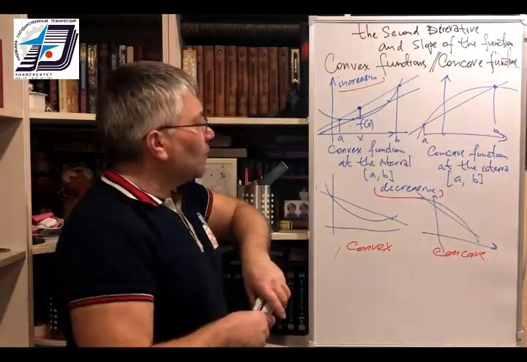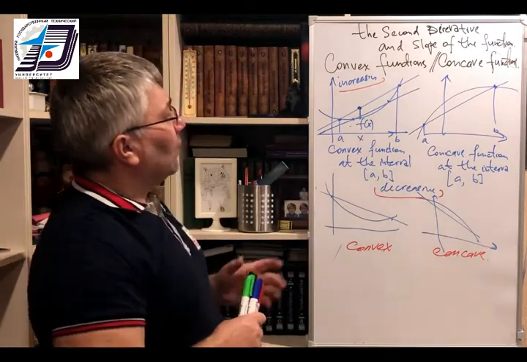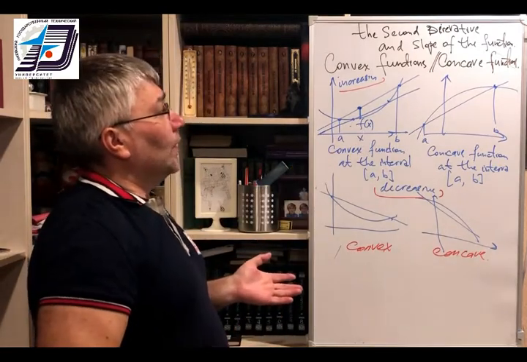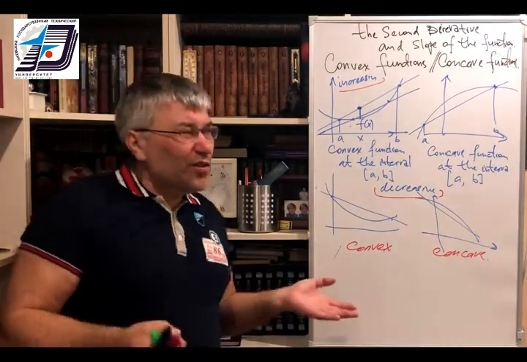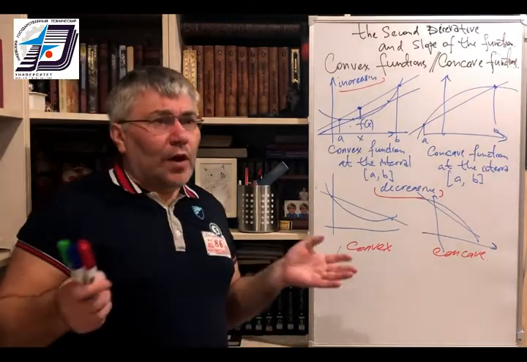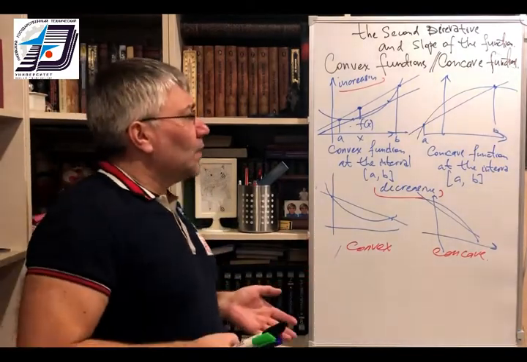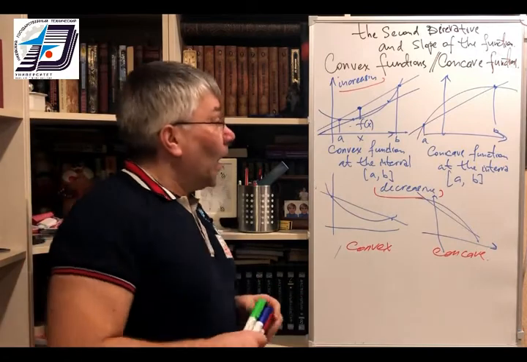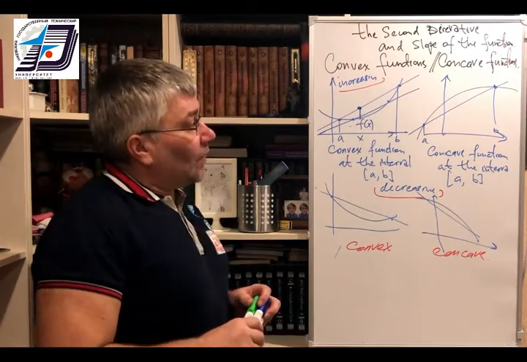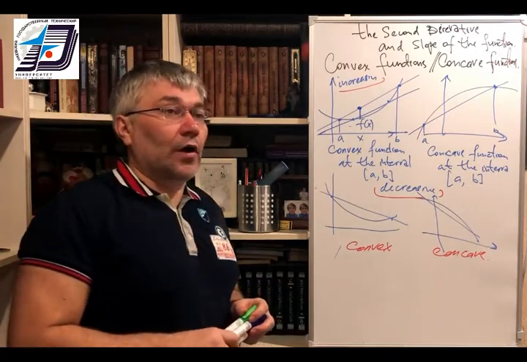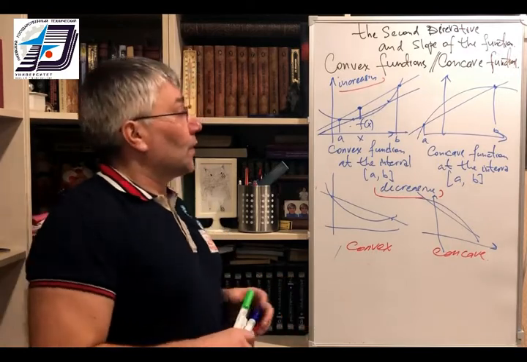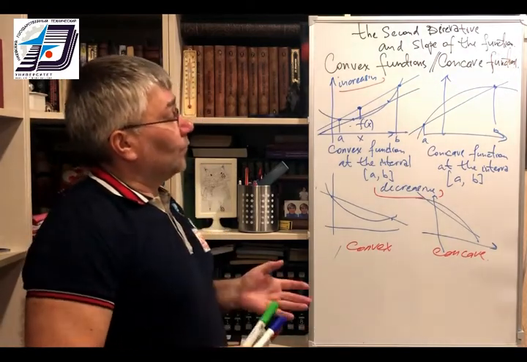Okay. How can we determine if a given function is convex or concave? We can draw a graph, but usually drawing a graph is not easy, and sometimes we are unable to draw any graph.